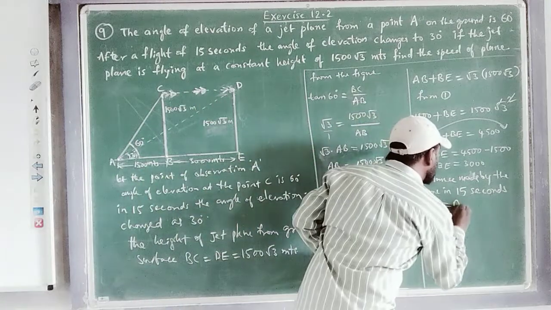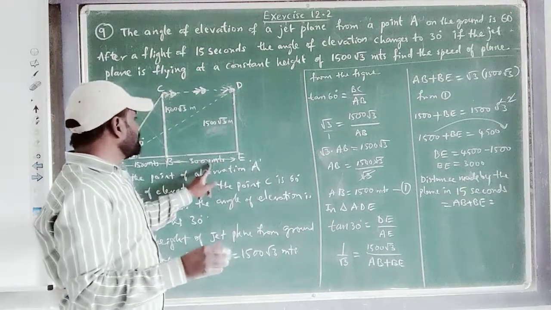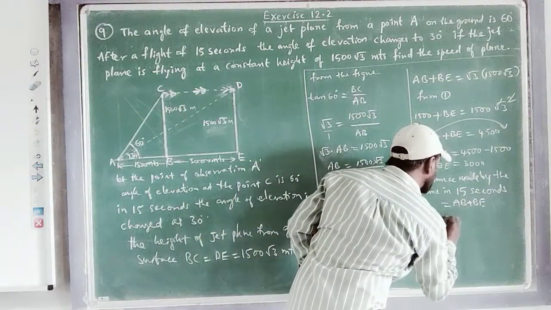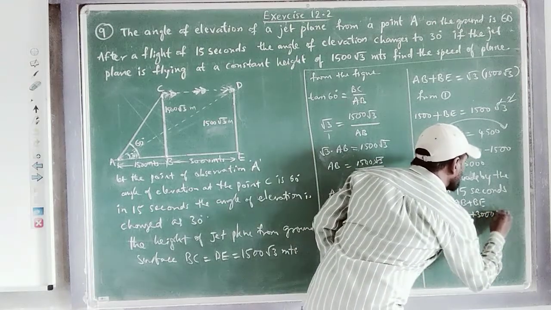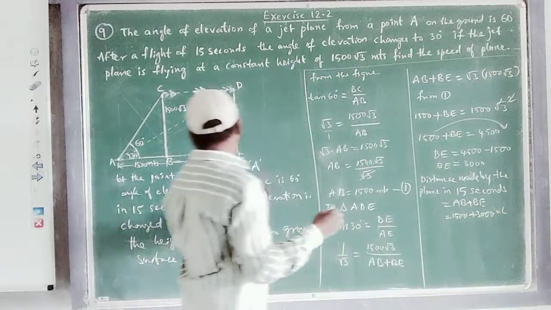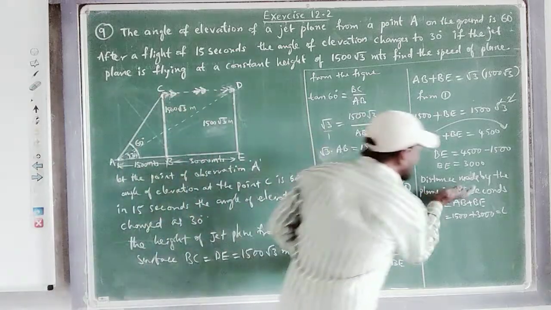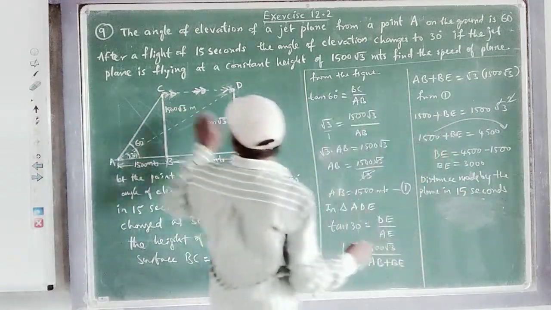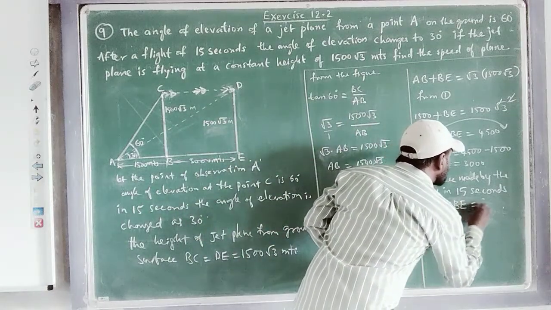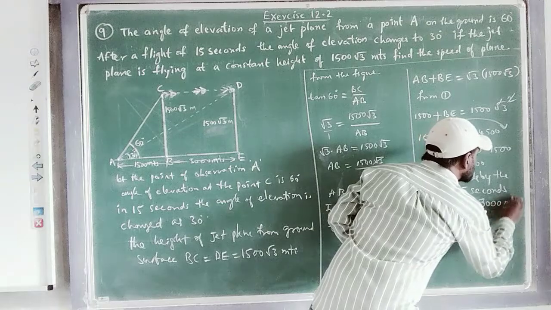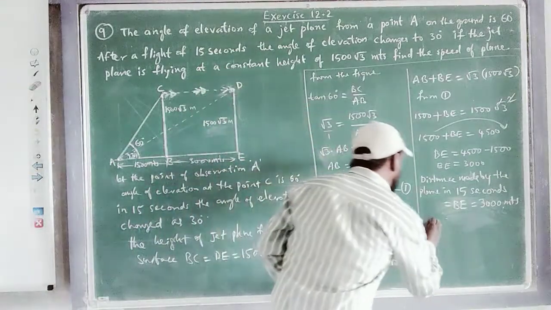In 15 seconds it is from B to E only. It started from here and reached up to here. Only BE, that is 3000 meters, is the distance it made. How much time? In 15 seconds.